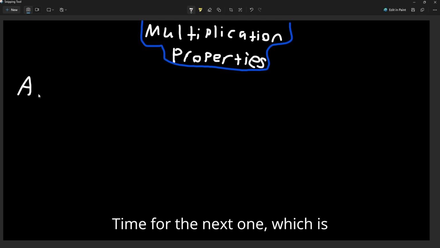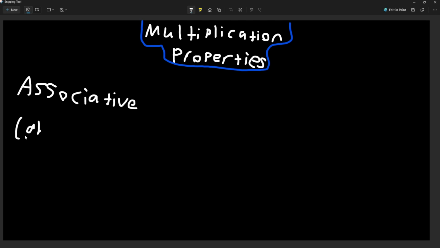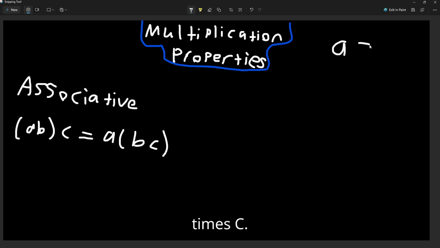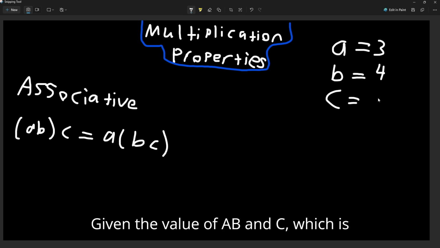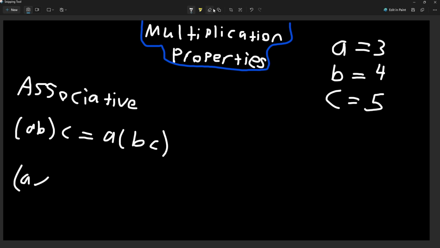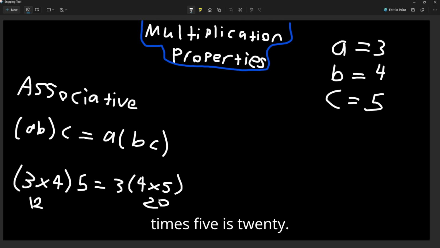Time for the next one, which is the associative property of multiplication. A times b times c is equal to a times b times c. Given the values of a, b and c which are 3, 4, and 5, check if they're equal to each other. 3 times 4 is equal to 12, 4 times 5 is 20.